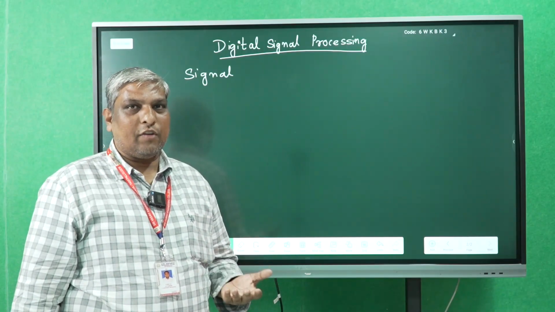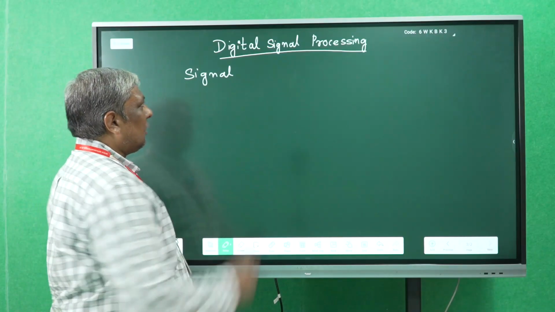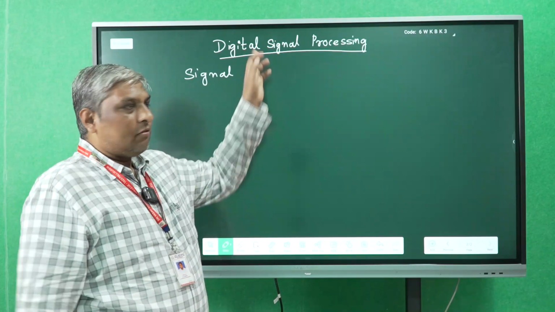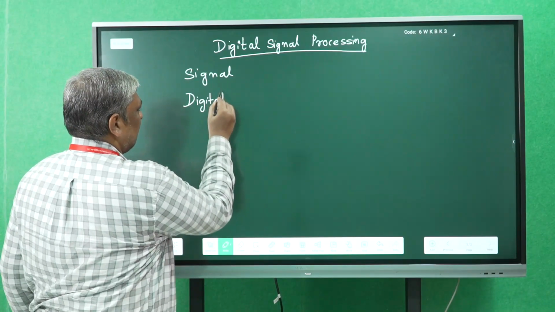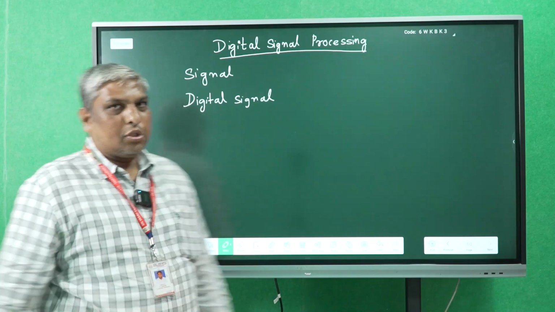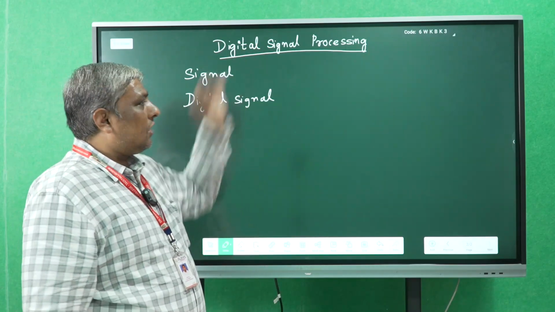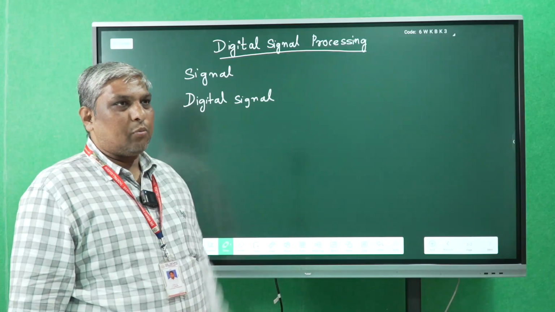Is there any classification of the signals? And what is the meaning of digital signal? All these questions are to be raised whenever you are discussing the basic concepts of digital signal processing.